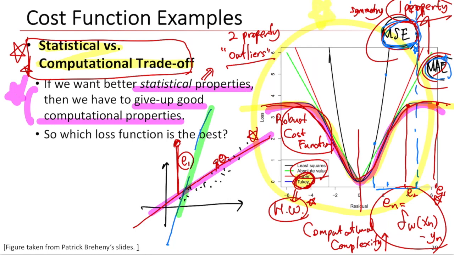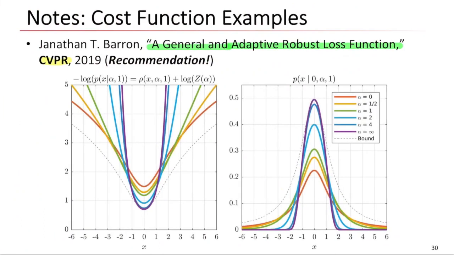But in this paper, they generalized all of the previous loss functions with some variables alpha and x. This paper is really nice and really intuitive, but it might be hard to understand.